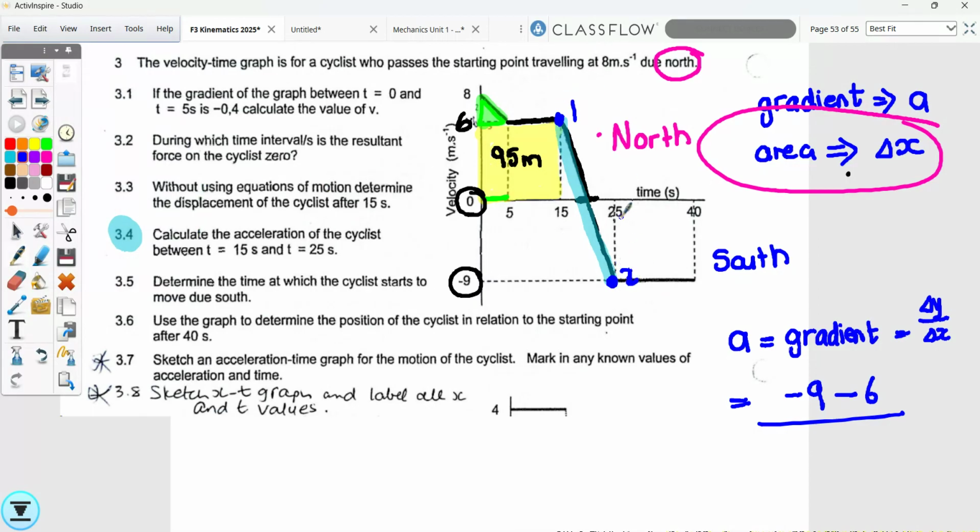Then it is x2, which is 25, minus x1, which is 15. So this gives me minus 15 over 10, which gives me minus 1.5 meters per second squared.